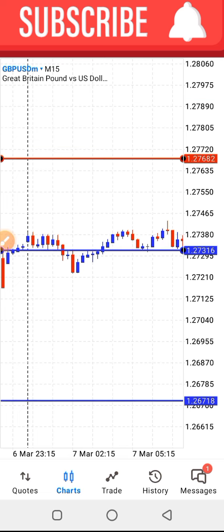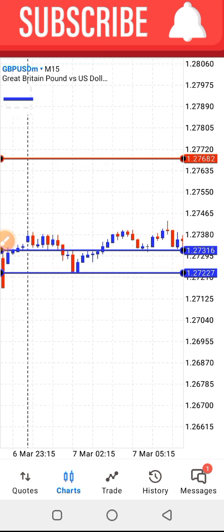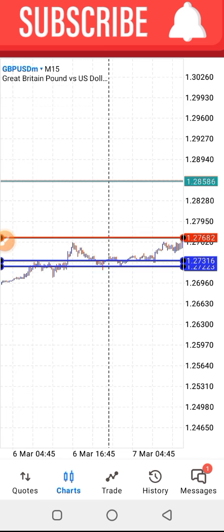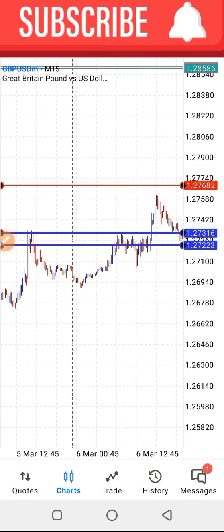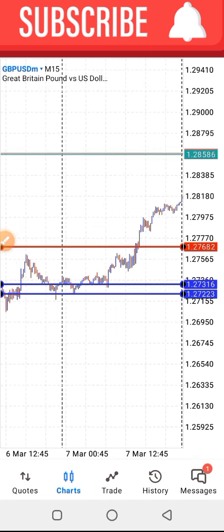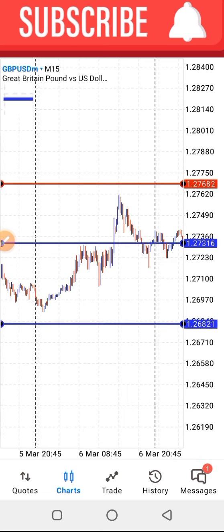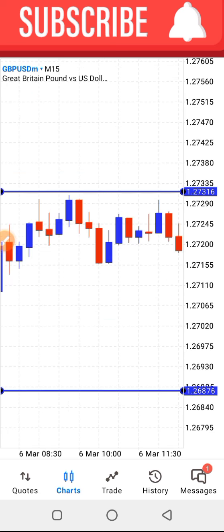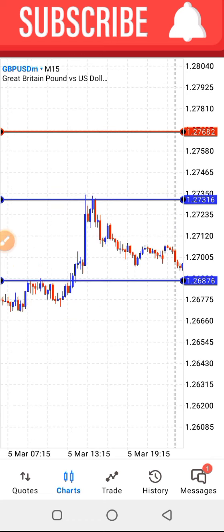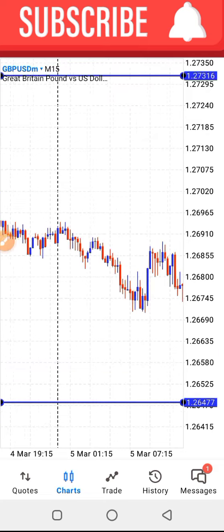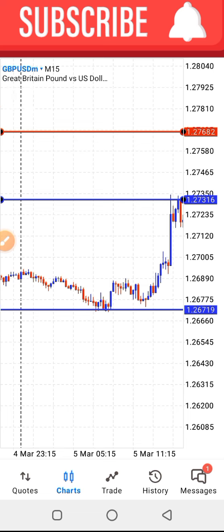Okay, so here's the lowest point for Wednesday. Highest point for Wednesday is going to be somewhere around here. Oh, this is the lowest point for Wednesday, sorry. Okay, so this is the lowest point for Wednesday, right here.